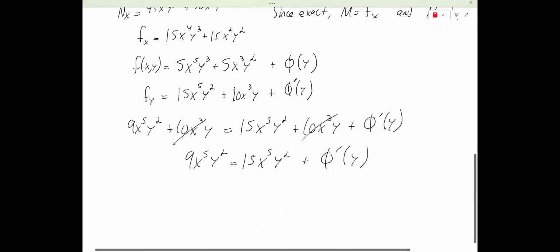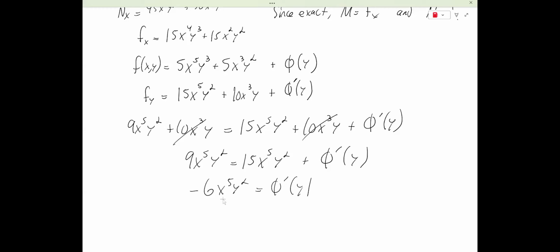Or they're like terms, I guess. I can do that, but that doesn't get negative 6. I can collect them all to one side, but negative 6x to the fifth y squared is h prime of y. But there should not be an x in that. I may have to come back to that.